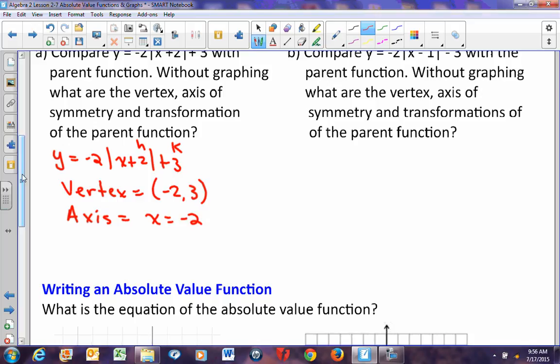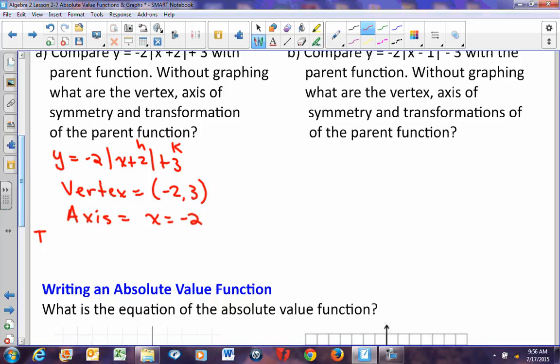And so this graph is translated 2 units left, 3 units up, and stretched by a factor of 2, and then reflected across the x-axis. That's a lot of things to say, but we'll do that.